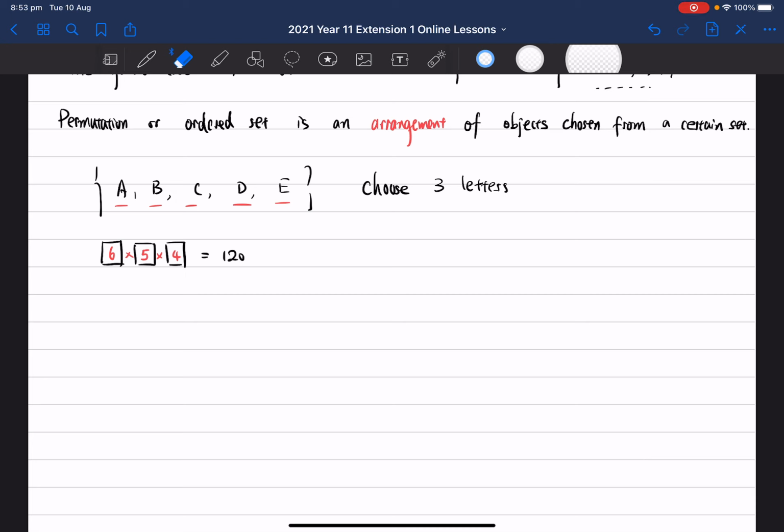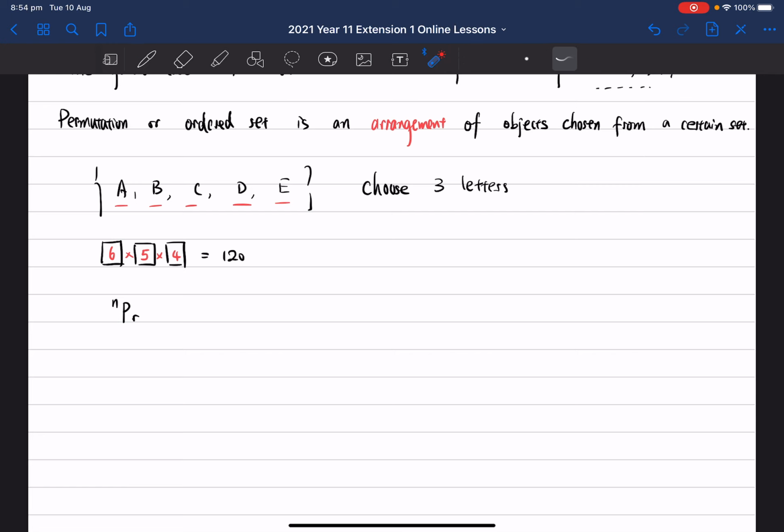Now there's a quicker way that we can do this question instead of using the multiplication. It's using the notation of this symbol here, nPr. This symbol is used to denote the number of permutations when r letters are chosen without repetition from a set of n distinct letters.